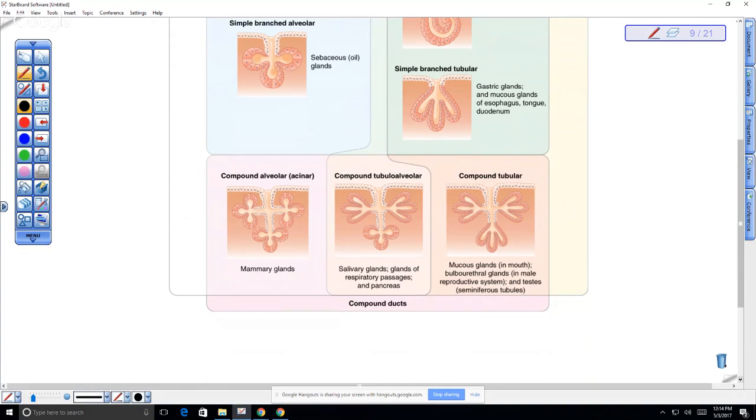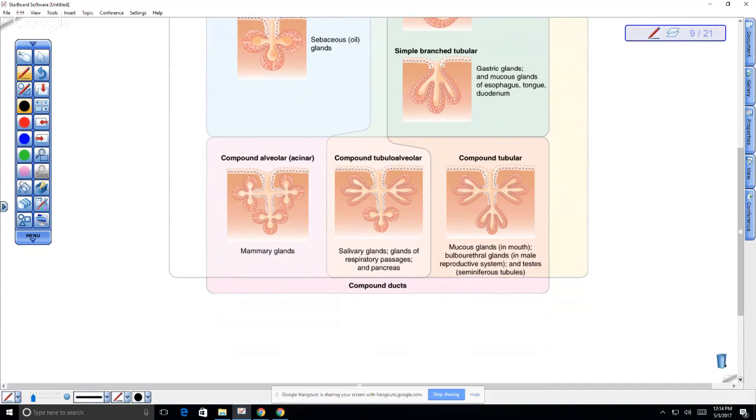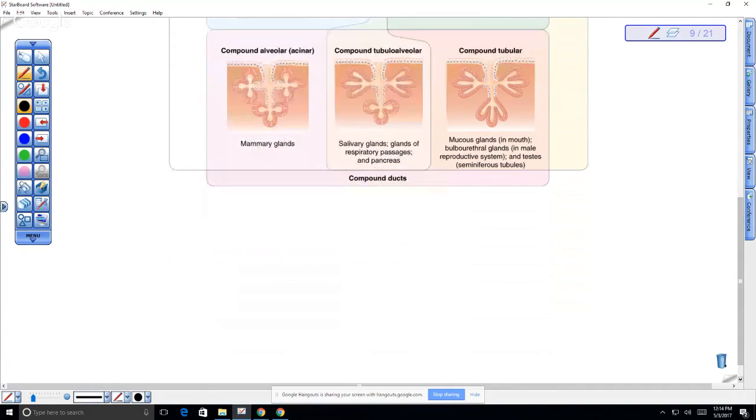Now I wanted to mention one particular organ that has both types of glands. And so this is the pancreas. So the pancreas has endocrine glands, and in the endocrine gland, it produces insulin. So insulin is really important because it regulates our blood glucose levels.